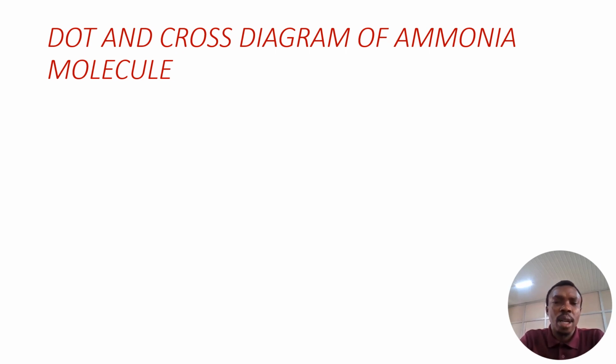So the formation of a covalent bond in the ammonia molecule has to do with atoms of different elements. So this is the formula for ammonia. We have to write the dot and cross. This ammonia, which is NH3, contains 1 atom of nitrogen and 3 atoms of hydrogen.